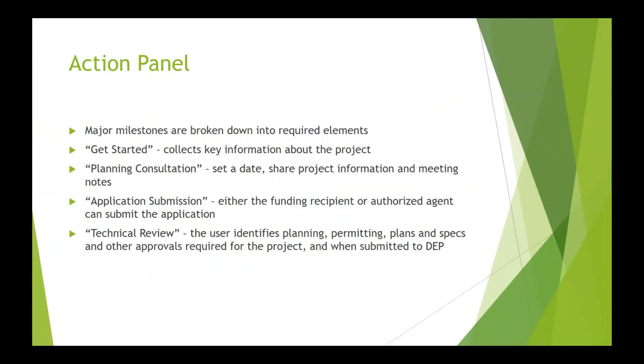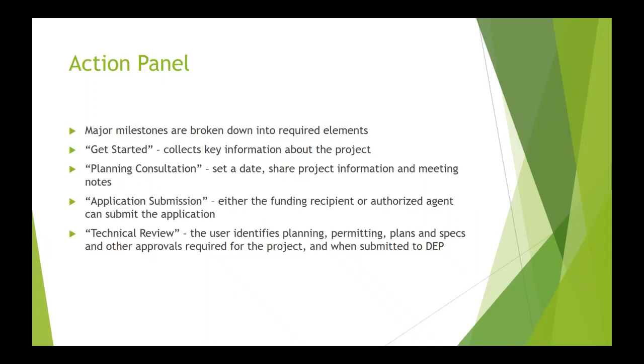Action panel. Now, I've got to be honest with you, this isn't going to make a whole lot of sense until we get to the next slide, but the action panel lets you know what items need to be completed in order to advance the application. These items listed in this slide are either a direct or indirect responsibility of the funding recipient.